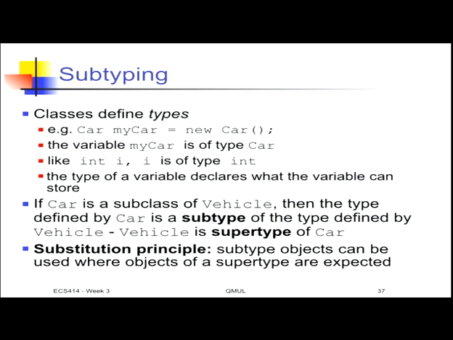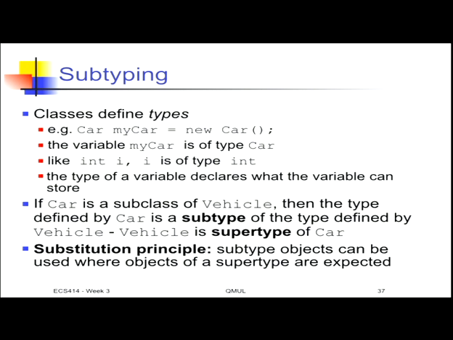And so to rephrase the substitution principle: subtype objects can be used where objects of a supertype are expected. Okay? So wherever you have objects of some type, you can always replace that object with an object of a subtype. Okay?